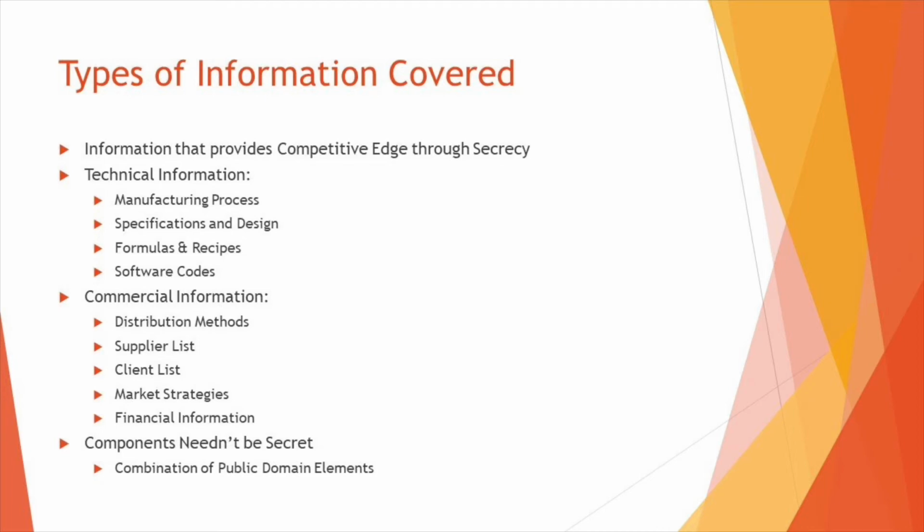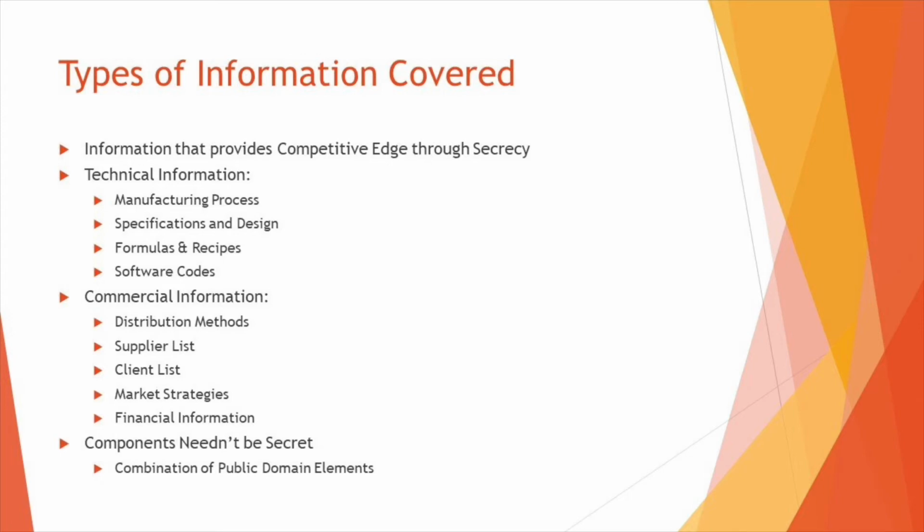Now, one type of information that's often considered a trade secret is technical information. This can include information about a manufacturing process, information about specifications and design for a product, formulas and recipes, software codes, and other forms of technical information. Another type is commercial information.